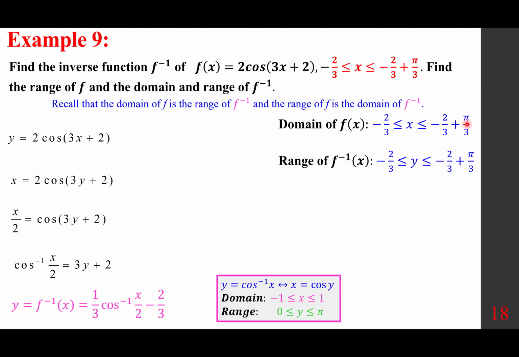Now, let's go to f inverse. And as we look at f inverse, it's 1/3 cosine inverse of x over 2 minus 2/3. And remember, for cosine inverse of x, domain is between -1 and 1. So that means whatever this argument is, x over 2 must be between -1 and 1.